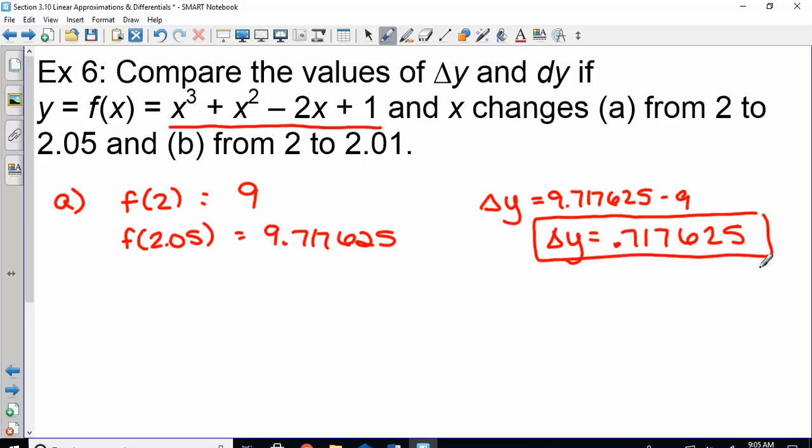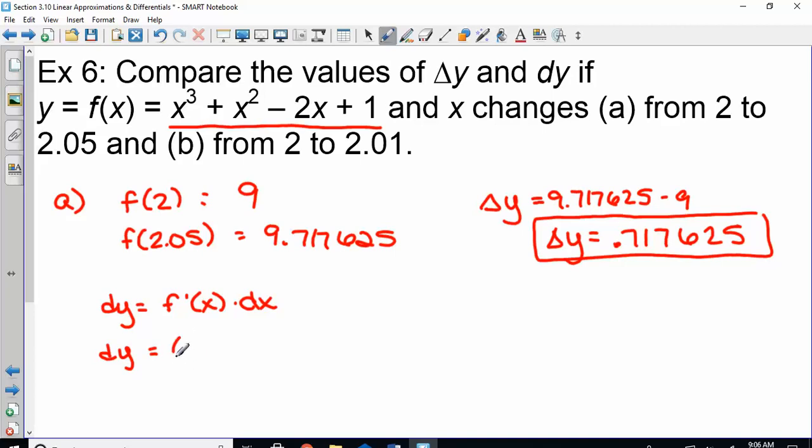Now I need to approximate dy. dy involves doing the derivative. So in general, dy is f prime of x times dx. Alright, we need f prime of x.